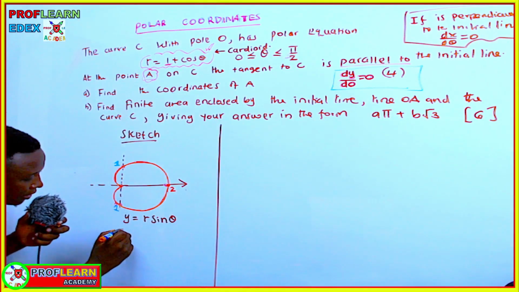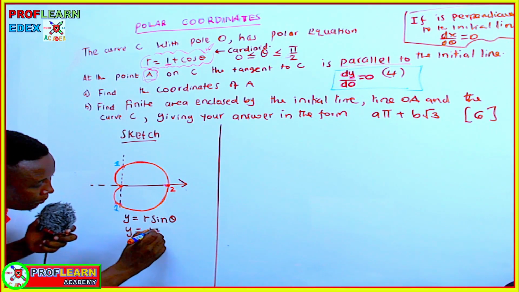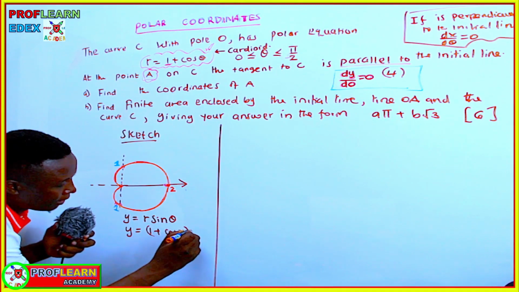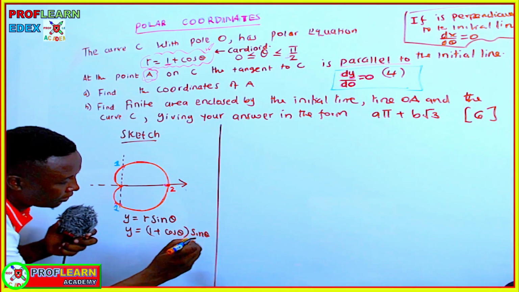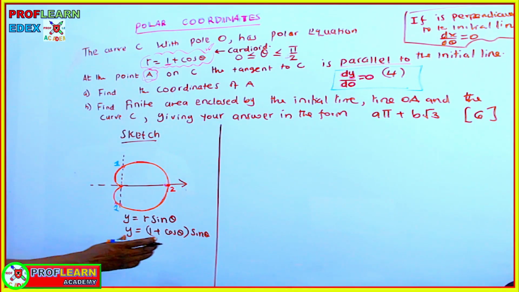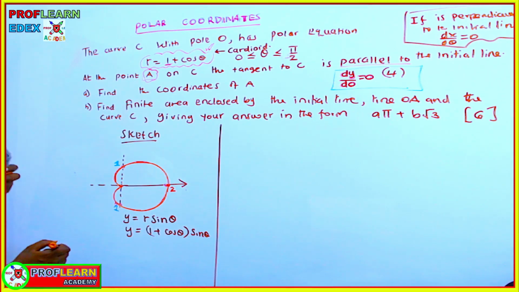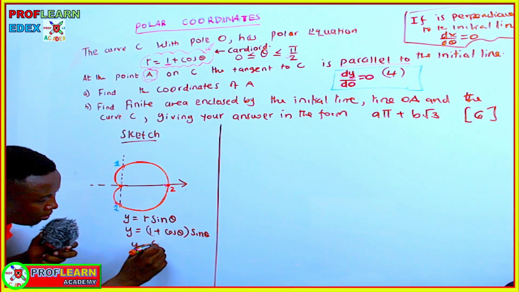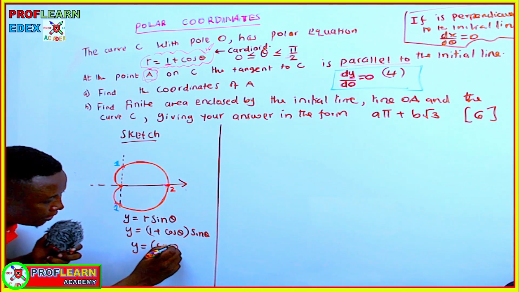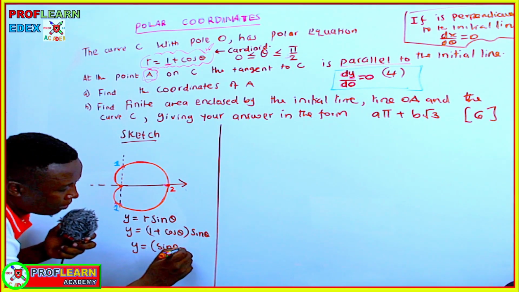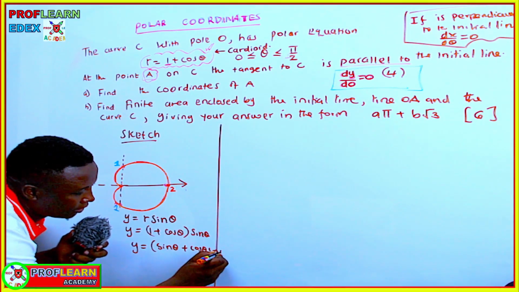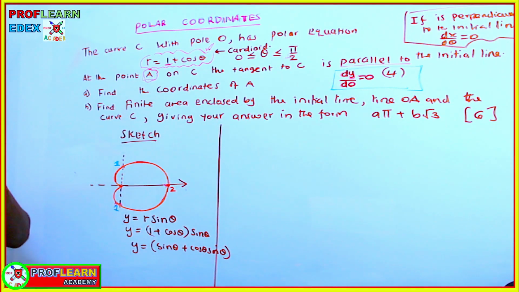So our y becomes 1 plus cos theta times sine theta. If we multiply this, we get y equals sine theta plus cos theta sine theta.